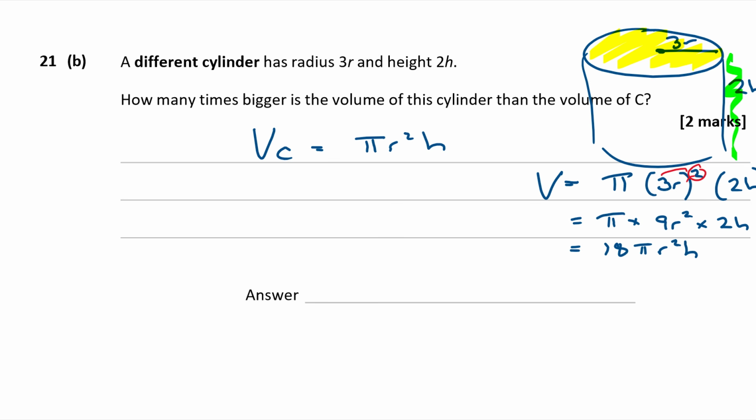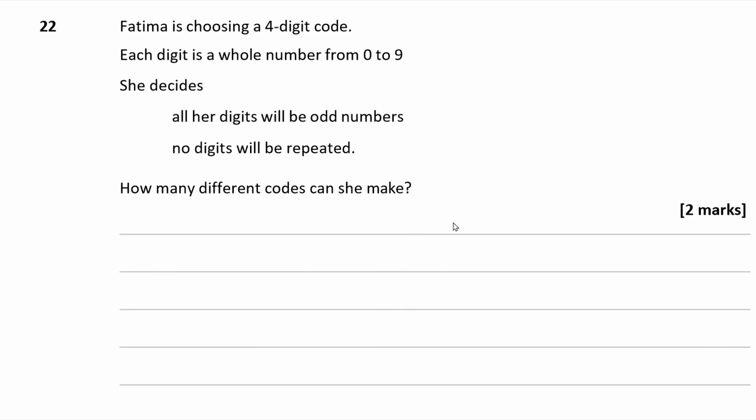Okay, so I had pi r squared h, I've got 18 pi r squared h, so this is 18 lots of the volume of C then, isn't it? So how many times bigger is my new chunky cylinder? It's 18 times bigger.